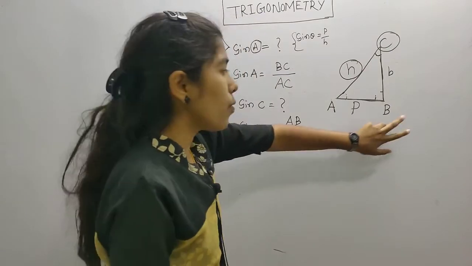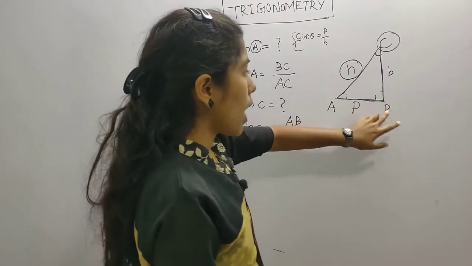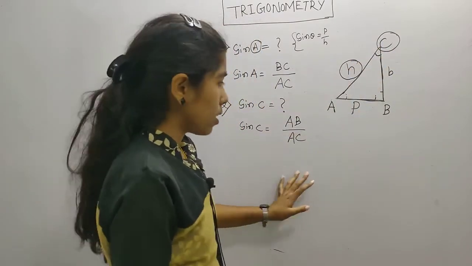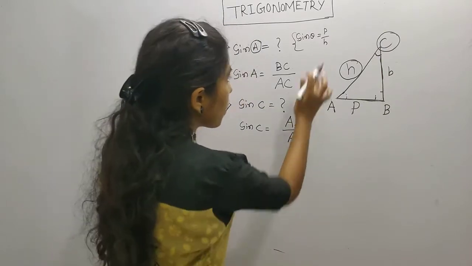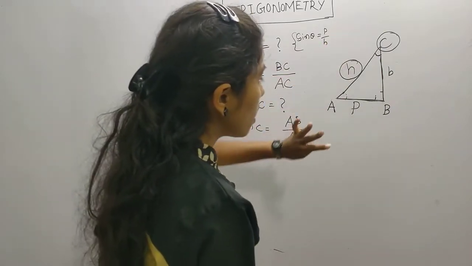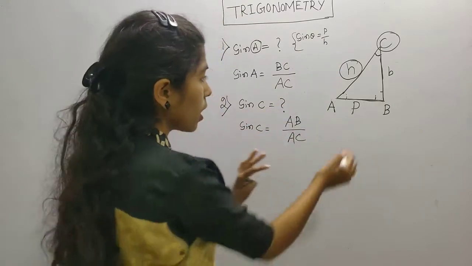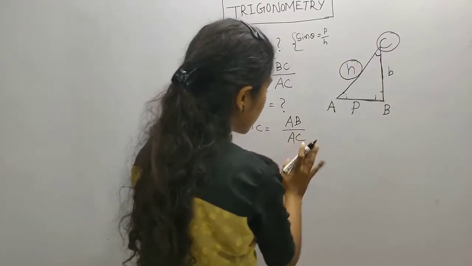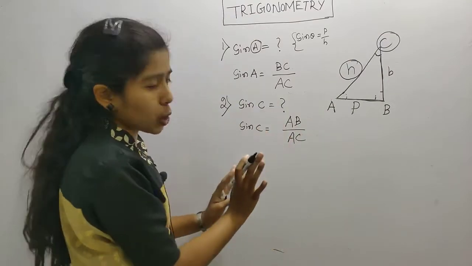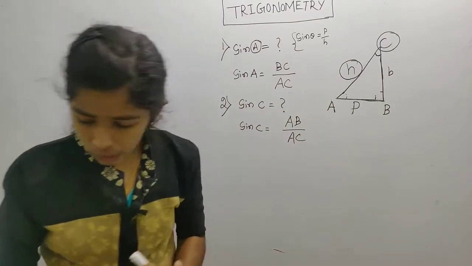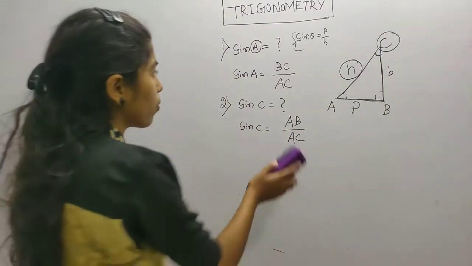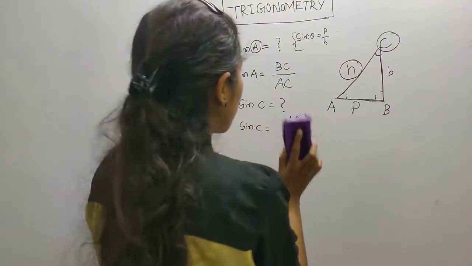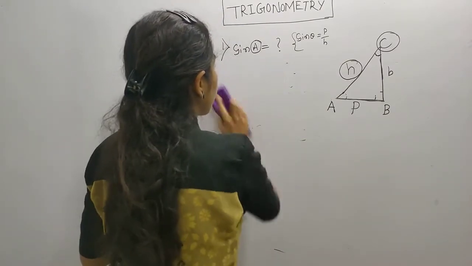AB. So AB will be the perpendicular and the base will be BC. P by H: the hypotenuse is AC, this is the perpendicular AB, so AB by AC as usual. P by H. Over. Next. Moving on, similarly we will do one for cos.